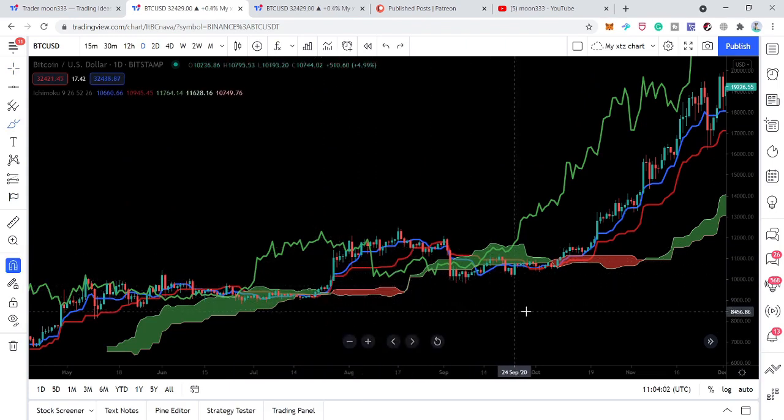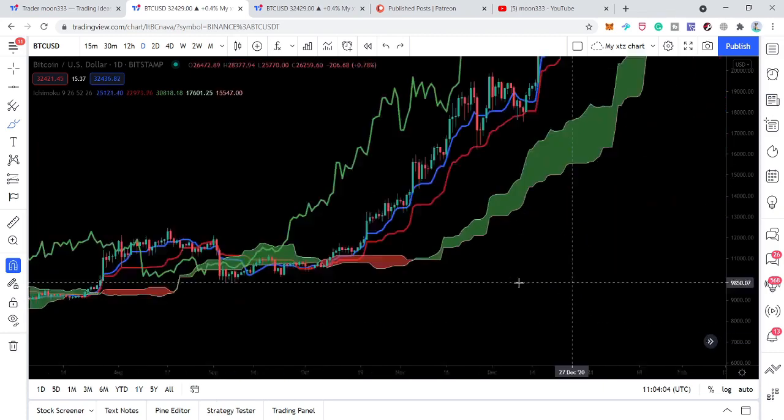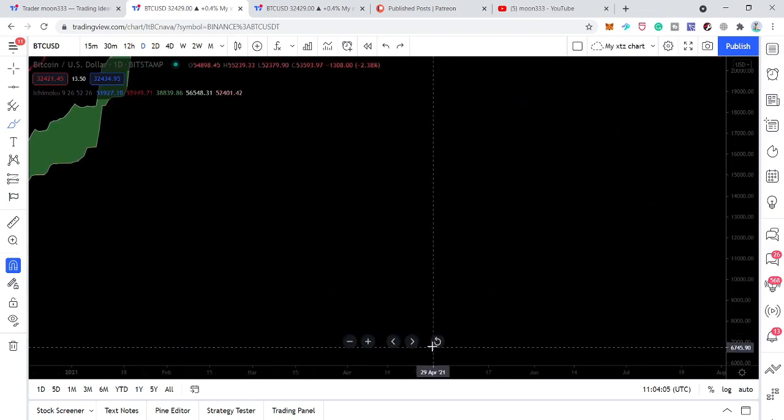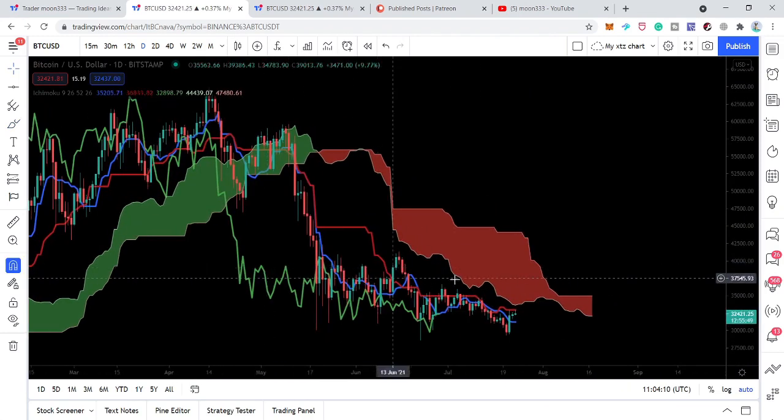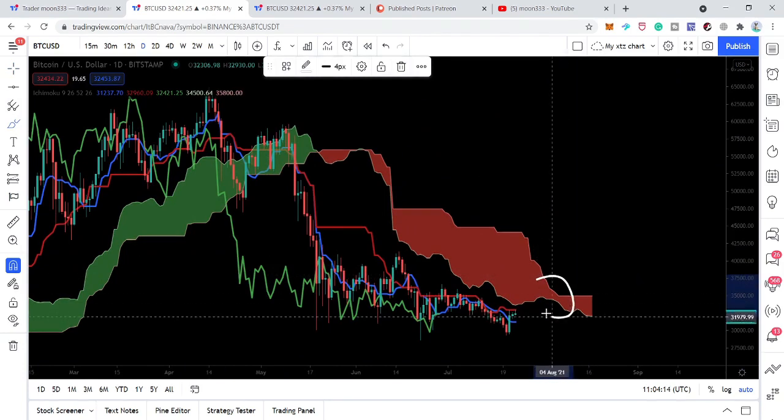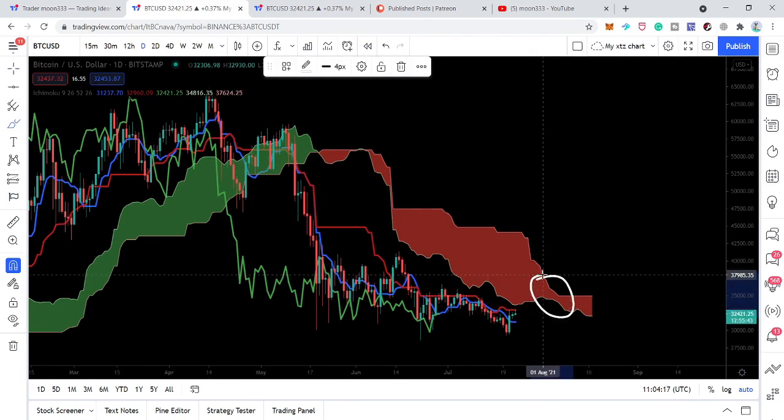this Ichimoku cloud. Now let's move to the current situation, and here we can see that this time again the Ichimoku cloud is very weak. You can see that even though it is bearish on the daily time frame, here it is very weak.